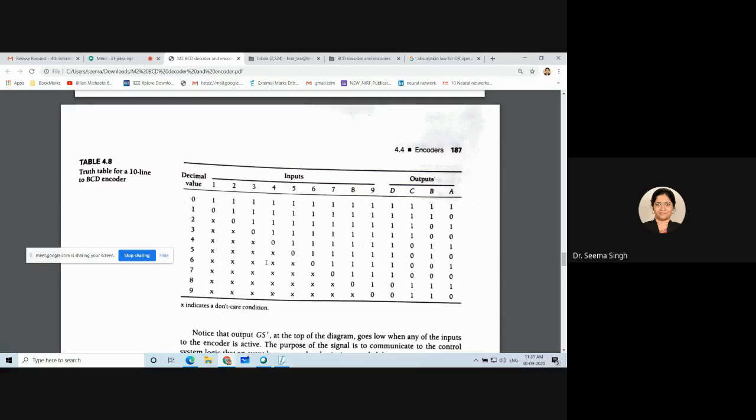Now, if you see this, I have shared this in Google Classroom. You can see this and tell me what will be the equation for D output. Anyone can tell me. Based upon yesterday's class, you can tell me what will be the input of D output.